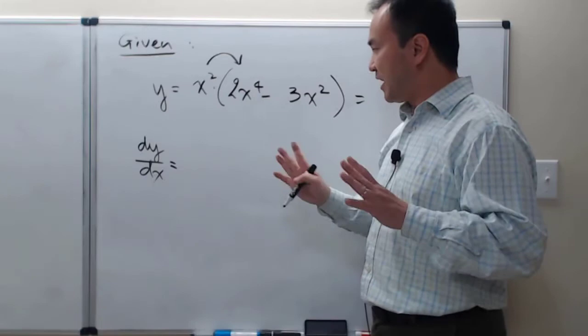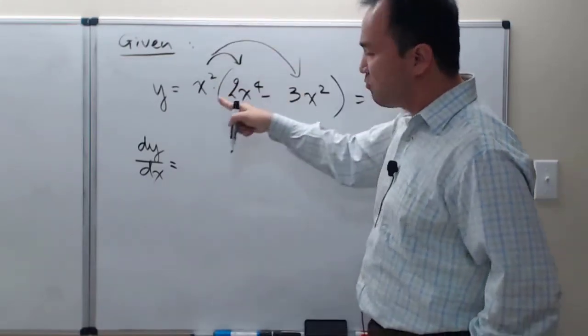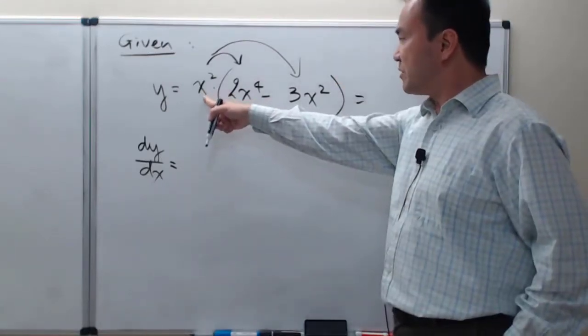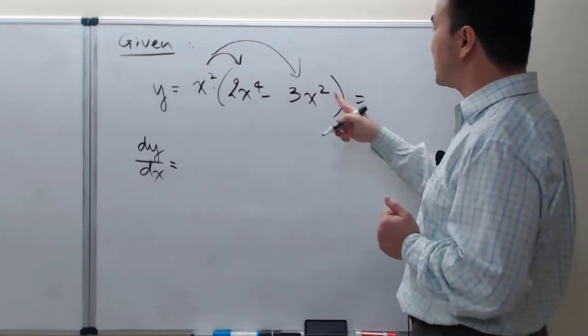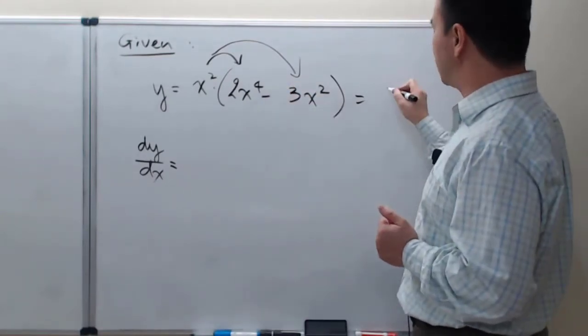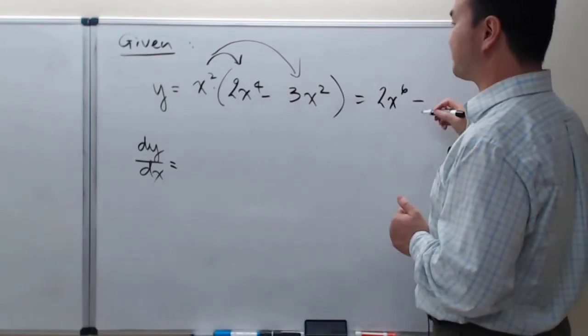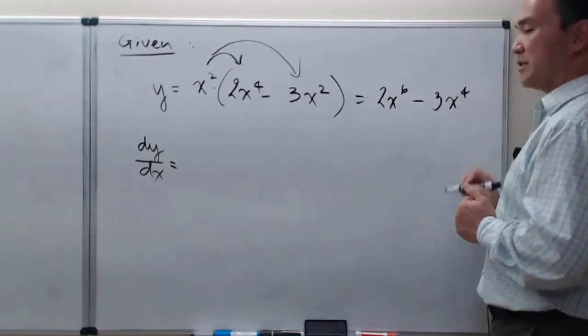Right at first sight, anyone can already have a plan in mind. Why don't we just distribute that x squared to each term here? Then we're looking at 2x to the 6 minus 3x to the fourth.